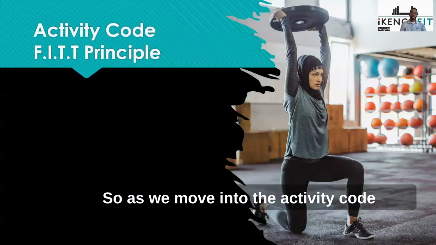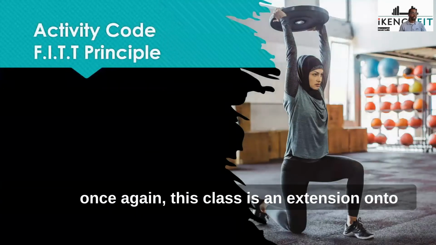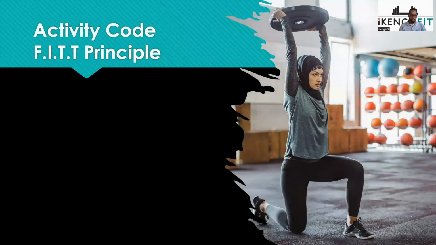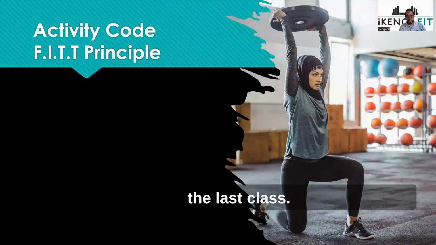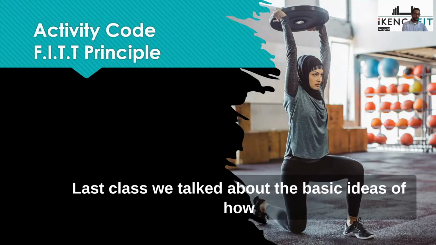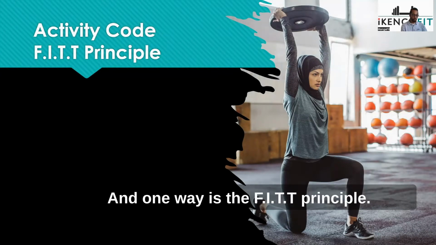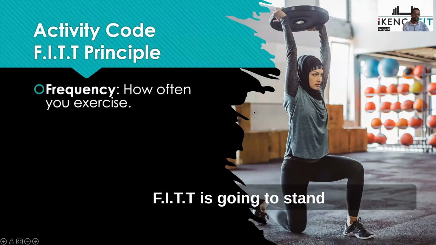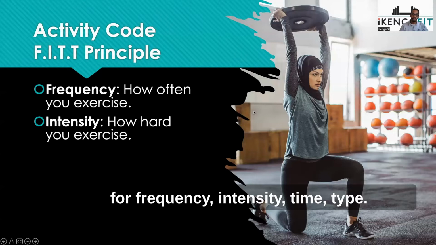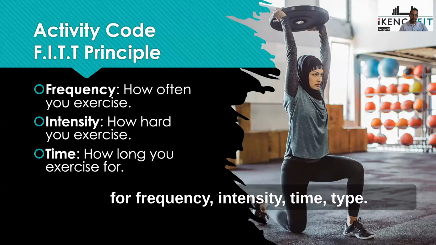As we move into the activity code, once again, this class is an extension of the last class. Last class, we talked about the basic ideas of how to incorporate your activity into your life, and one way is the FIT principle. FIT stands for frequency, intensity, time, and type.